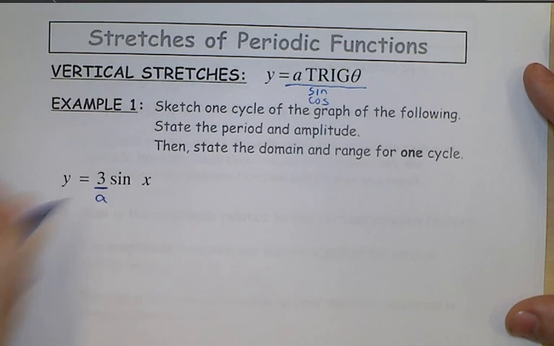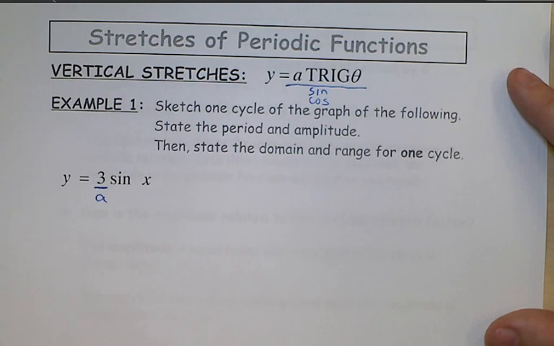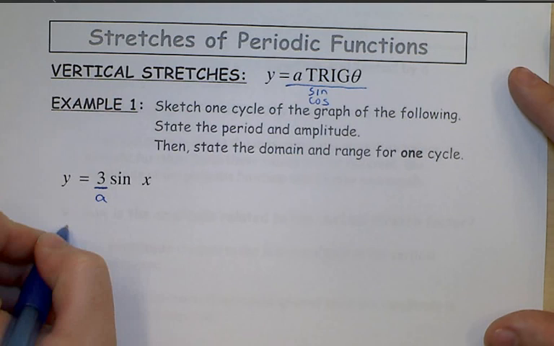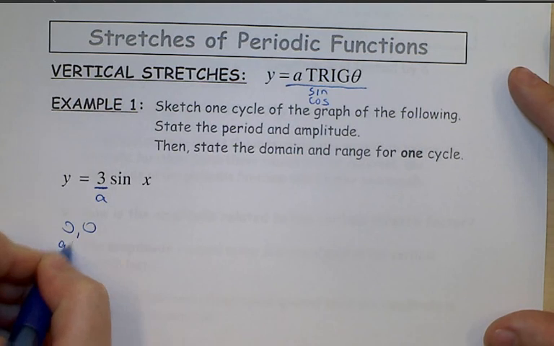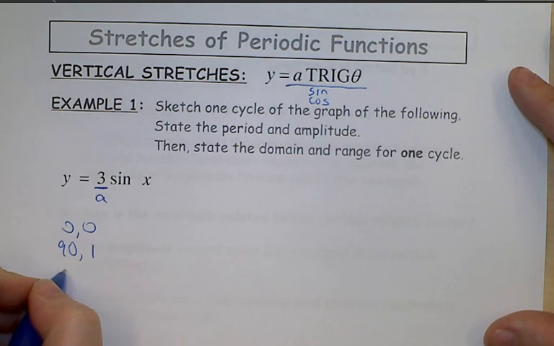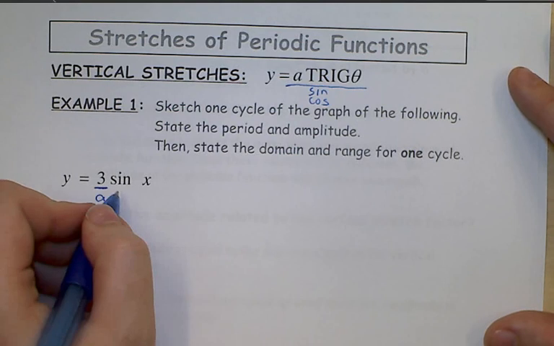So this means I'm multiplying all my y values by 3, if we're using mapping notation. So if I take my key points, I'm multiplying all my y values by 3. And you'll notice I'm using the sine function because in the question it's saying sine, not cos.